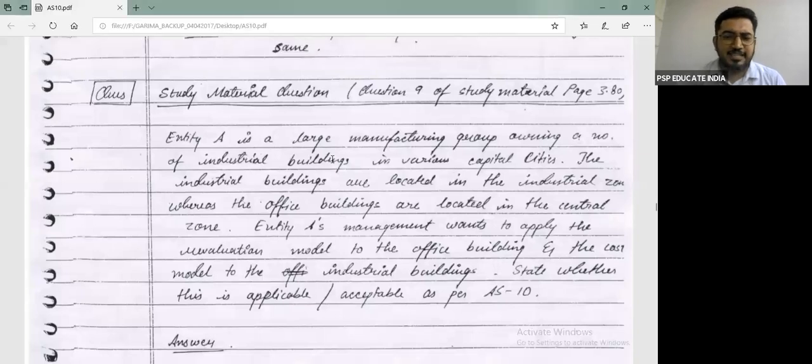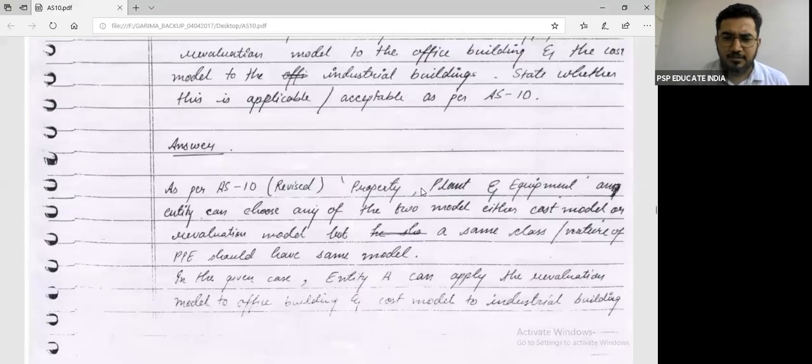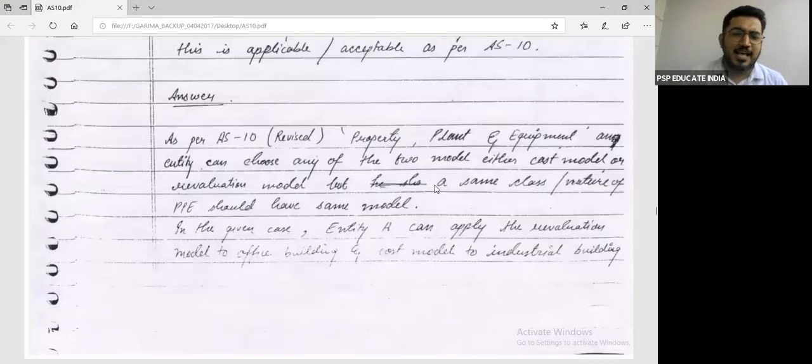Yes, of course, it is acceptable because there are two different classes of PPE, and two different classes of PPE can use two different models. Right, look at the solution. It says, as per accounting standard 10 revised property, plant and equipment, an entity can choose any of the two models, that is either the cost model or the revaluation model.